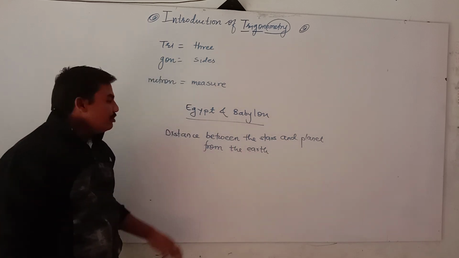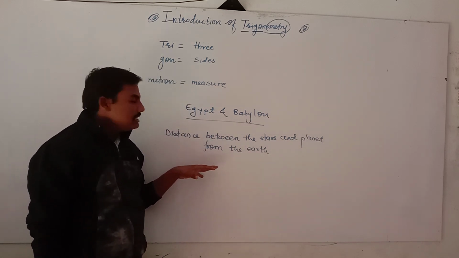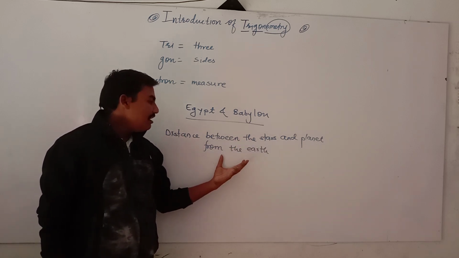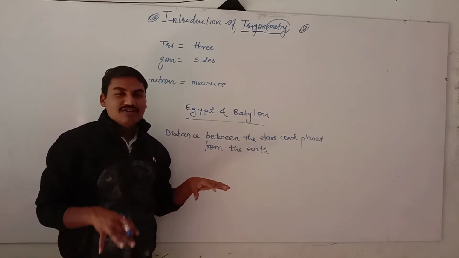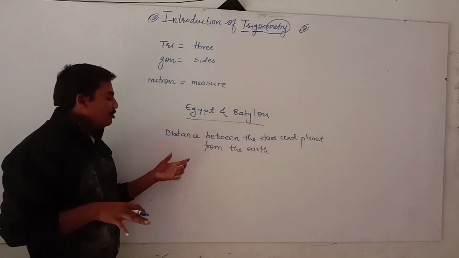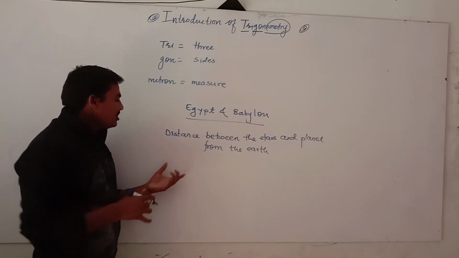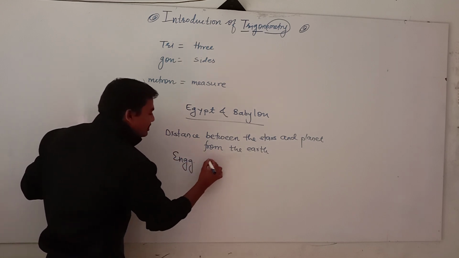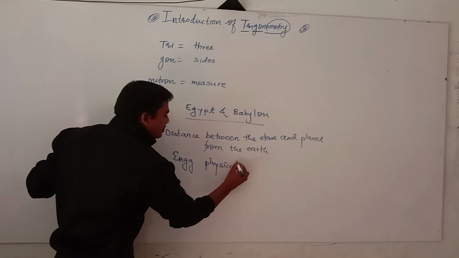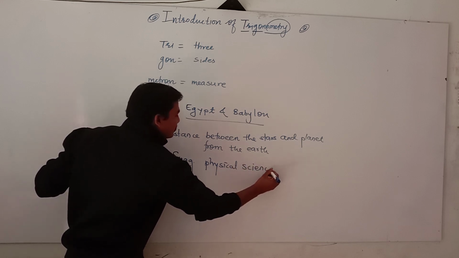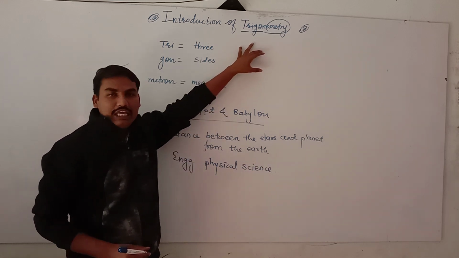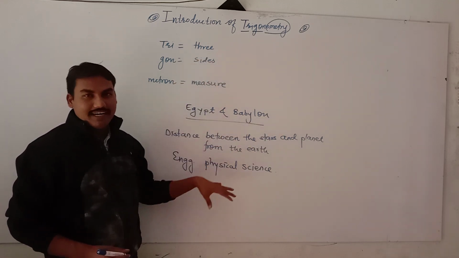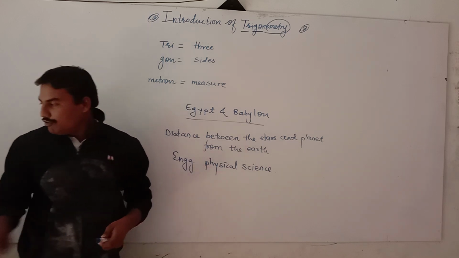Many astronomers and scientists use trigonometry to find these distances. Even today it is widely used in the engineering field and physical science. These are the applications. Understood, all of you?